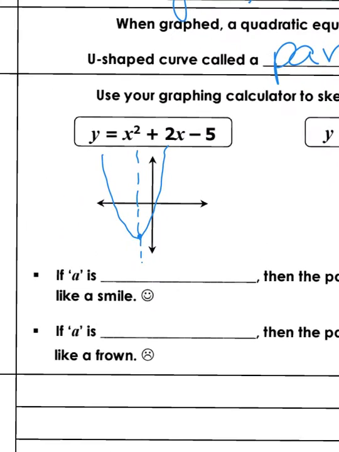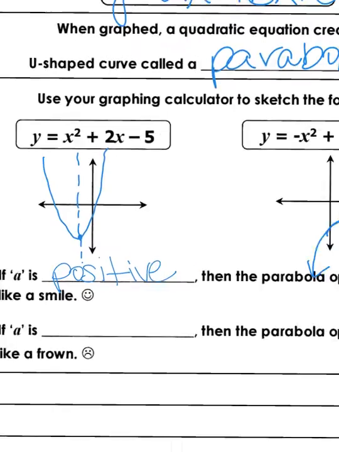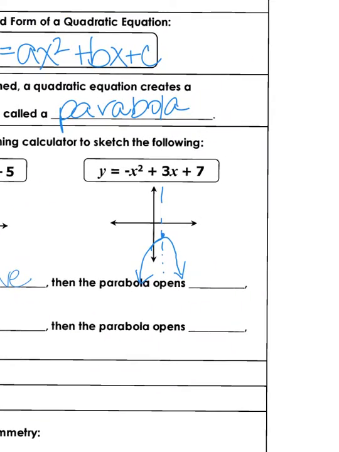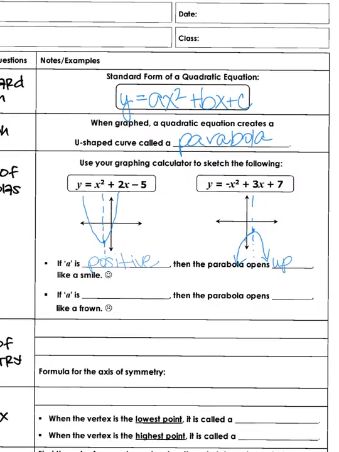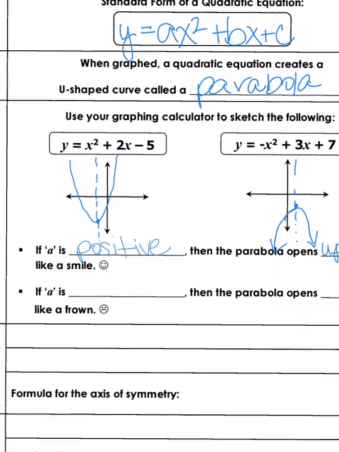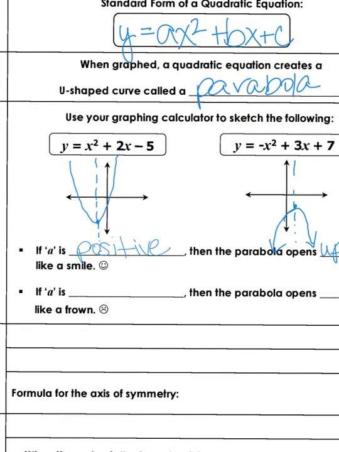So if a is positive, so in this scenario, my a was positive, then the parabola opens up. Similarly, when I'm talking about a, remember that imaginary number, which in this scenario, that number that we can't see is 1.